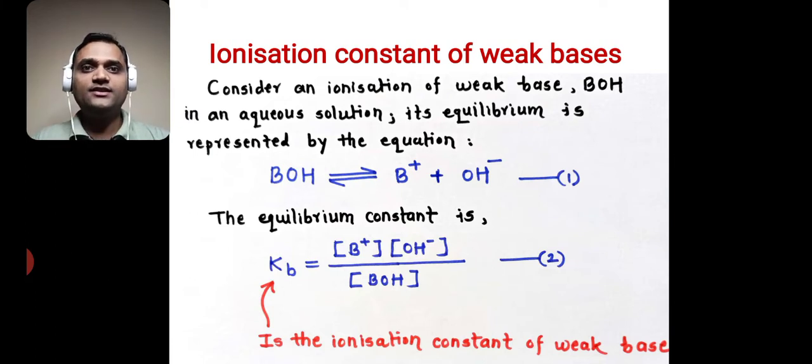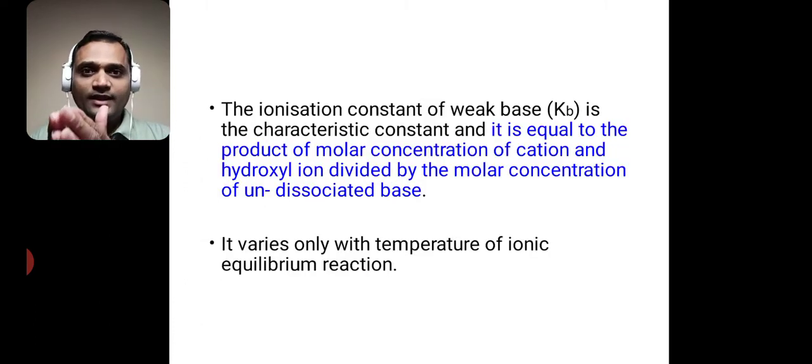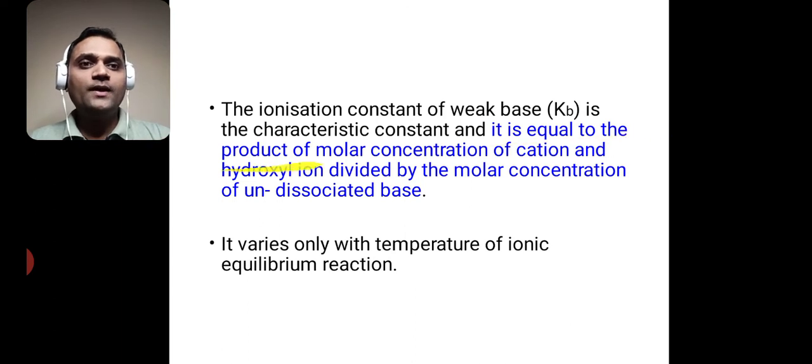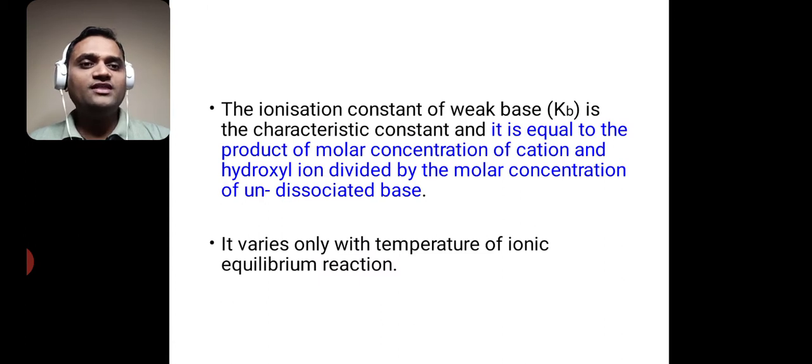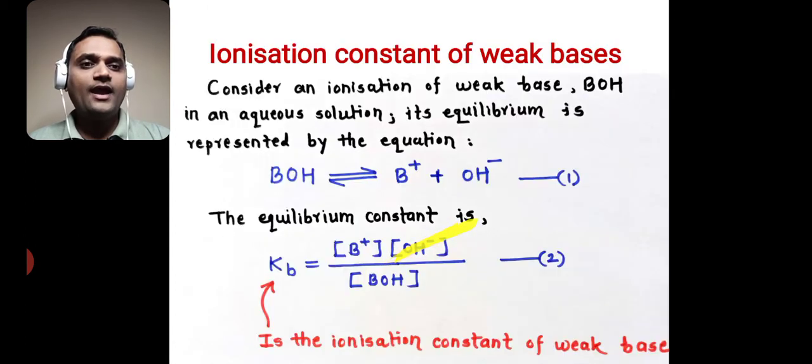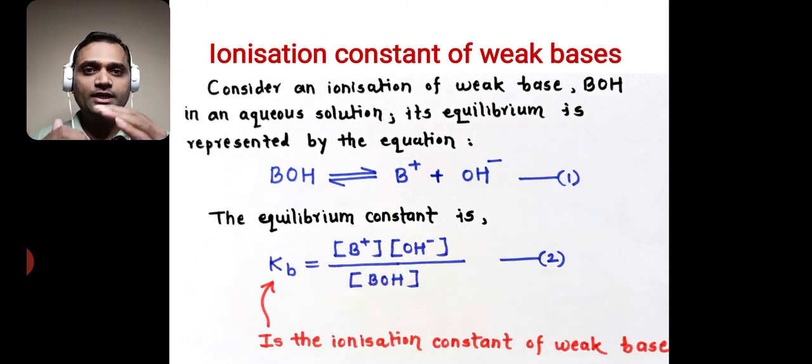So Kb is the ionization constant of weak base and it is a characteristic constant and is equal to the product of the molar concentration of cation and hydroxyl ion divided by the molar concentration of undissociated base.